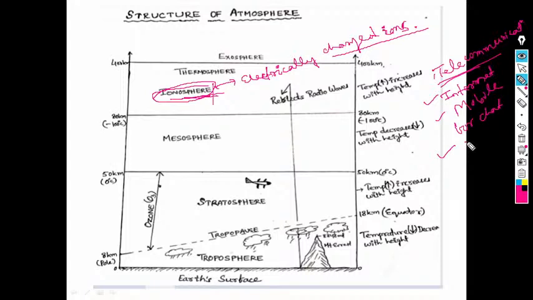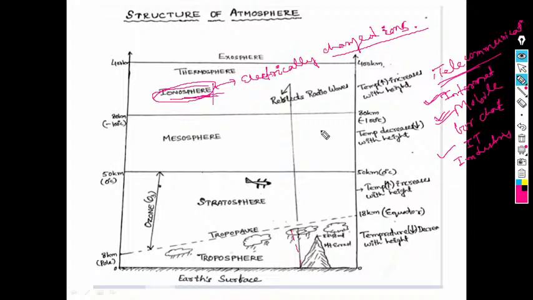Let's say the total IT industry is all dependent on telecommunications. They are much more dependent on these radio waves.